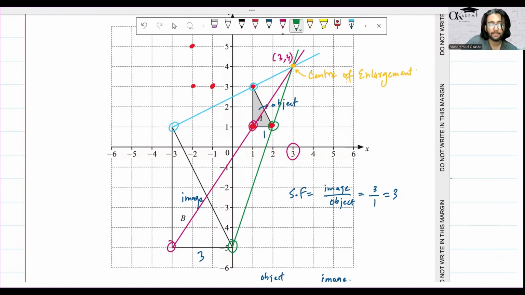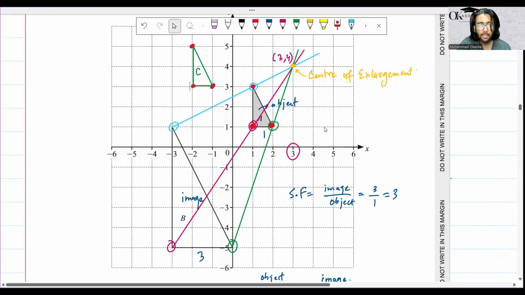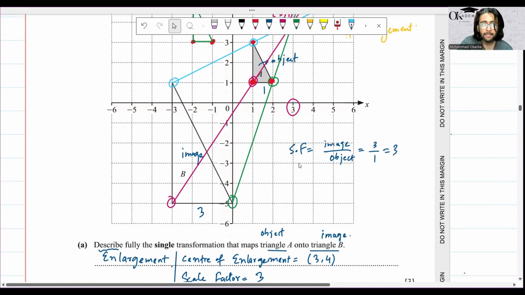You might have learned a different way of drawing it, and that's fine. I have my own silly way of doing things, but this works, right? So this is my triangle C. You're allowed to make as much of a mess on it as possible, that's totally fine.